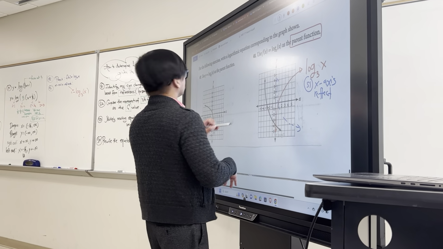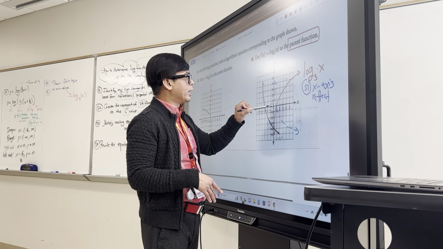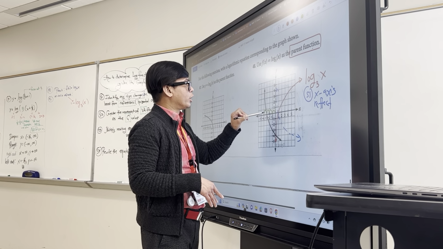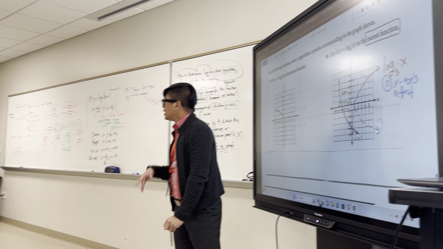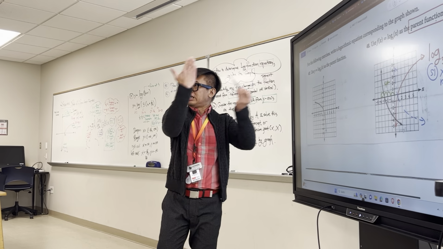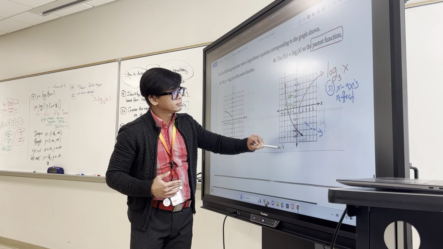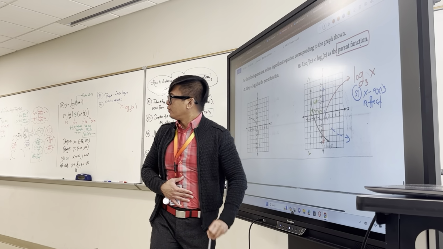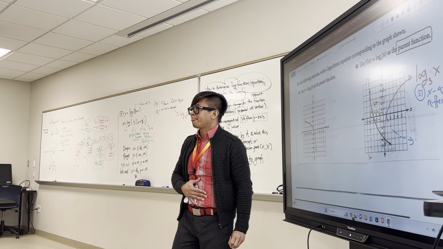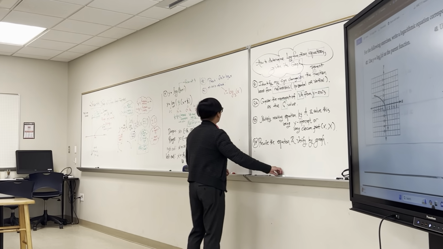How many units to the left? Let's count. From here, this is the y-axis, right? 1, 2, 3, 4 units to the left. Are we good? Right? With that being 4 units to the left as the vertical asymptote for this one. We good? What's your C then? 4 or negative 4? Plus 4. Very good. So put in here, I'm going to color it green.